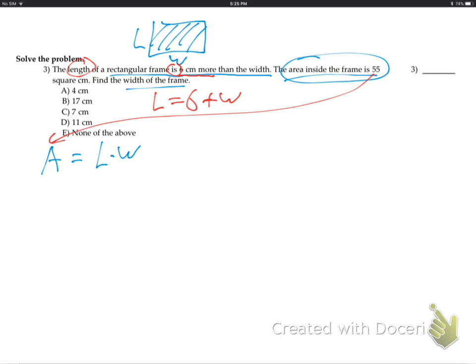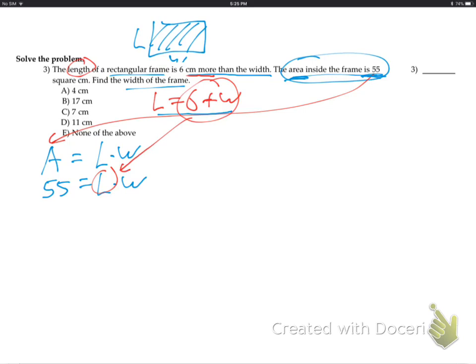So this will be 55 is length times width. Area is 55. And length is 6 plus W, 6 more than width. Right? 6 more than width. Okay, so what does that mean we can do now? I can take this and plug it right in there, can't I?